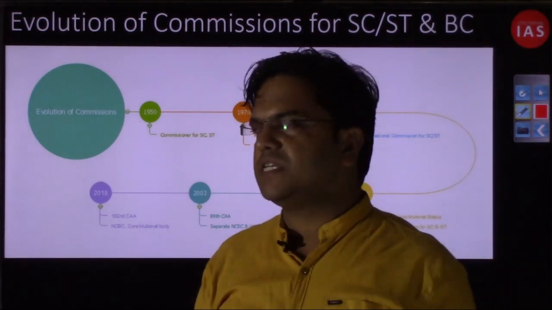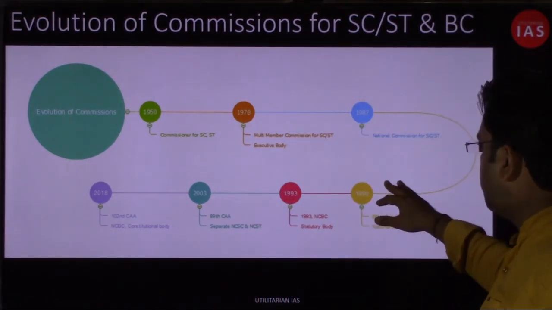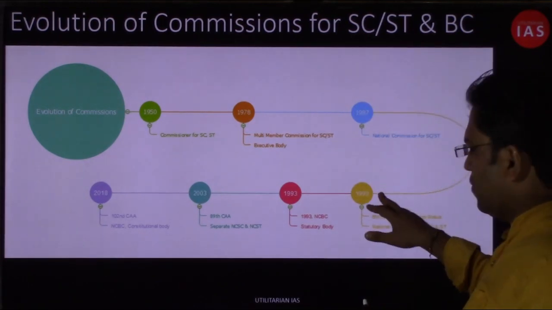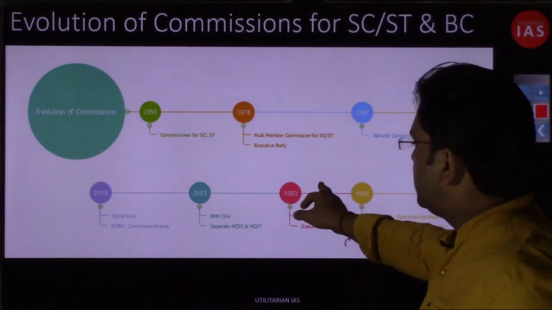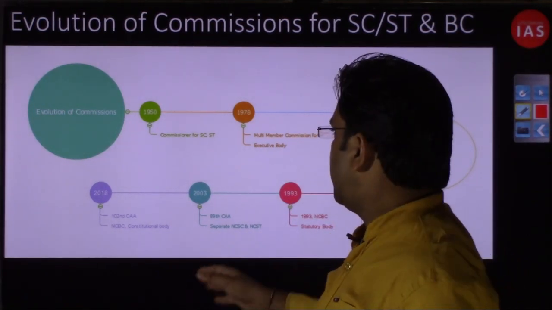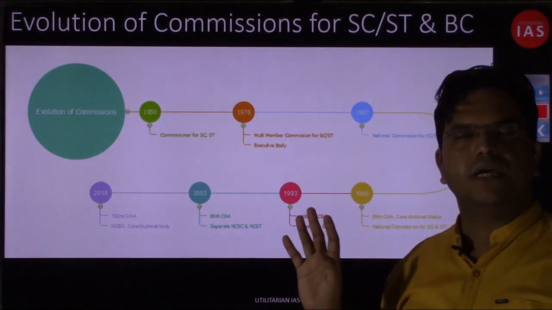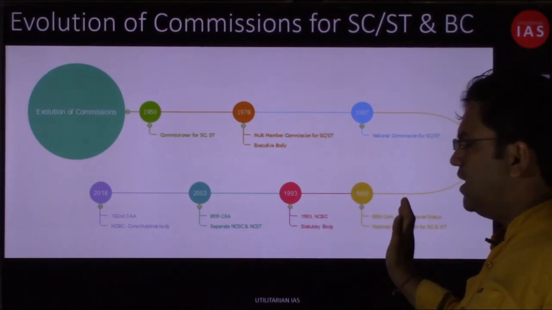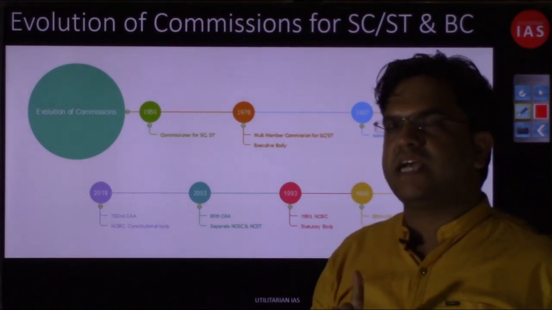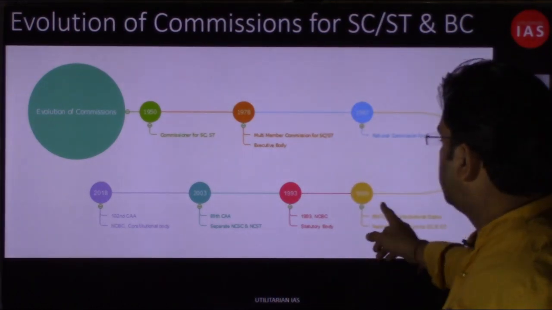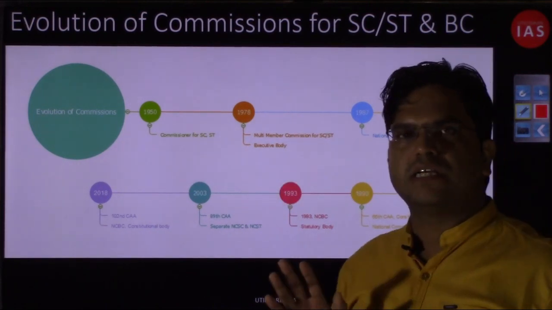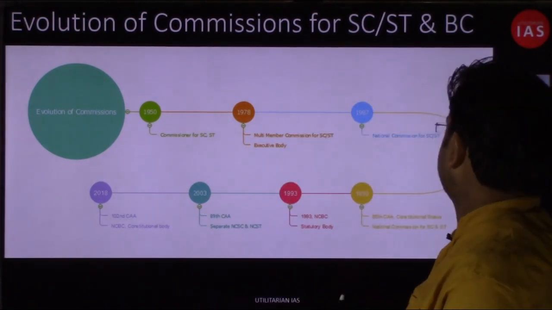So until now we were talking about a commission taking care of SC and ST. In 1993, a body for taking care of the interests of backward classes was also created. In 1990 itself, the National Commission on SC and ST had been granted constitutional status, but the National Commission on Backward Classes does not yet have it.